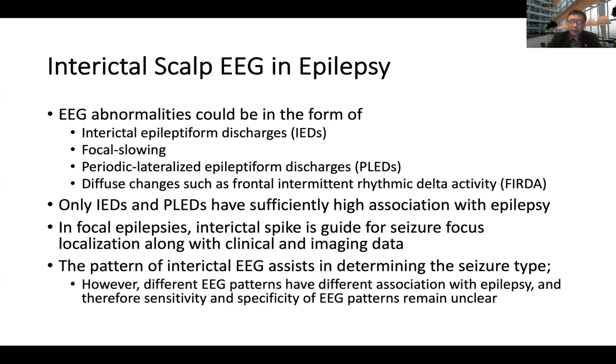In focal epilepsy, the interictal spike is a guide for seizure focus localization, along with clinical and imaging data. The pattern of interictal EEG assists in determining the seizure type. However, different EEG patterns have different associations with epilepsy, and therefore the sensitivity and specificity of EEG patterns remain unclear.